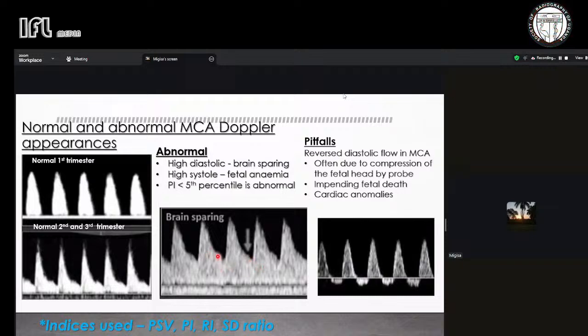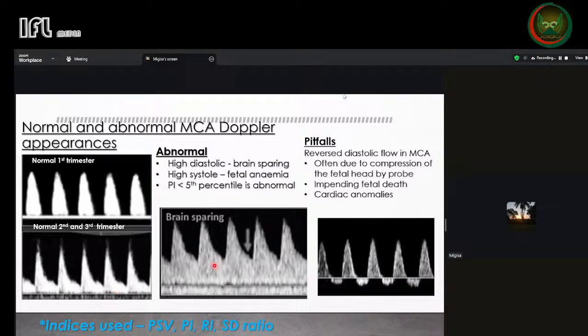Like they've been saying in the previous presentations, this diastolic bit represents the distal end, or the point to which the blood is being supplied. So if it's high, that means what is getting into the brain is a lot of blood. Initially, under normal circumstances, it's little blood.